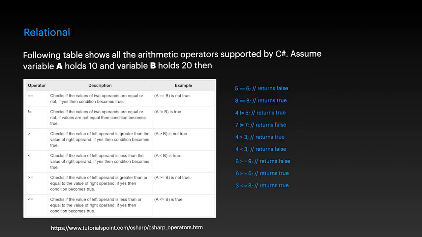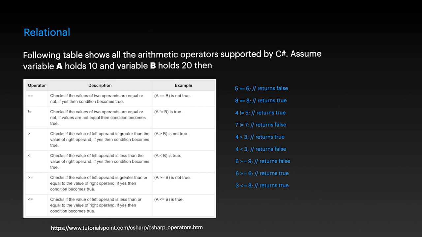in C#. And let's talk about the relational operators. Relational means the following kinds of operators, and we can check whether something is true or false. So you can see double equal, right?